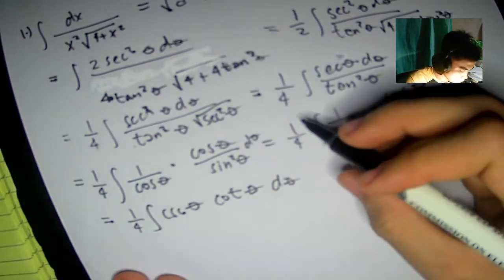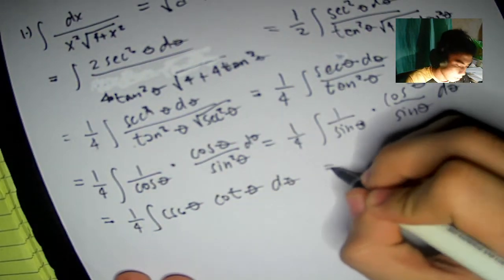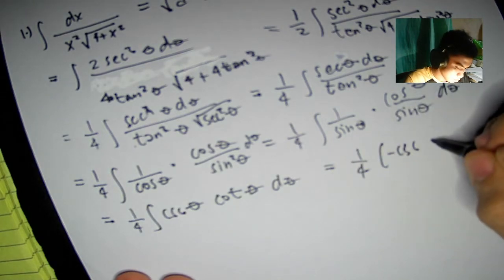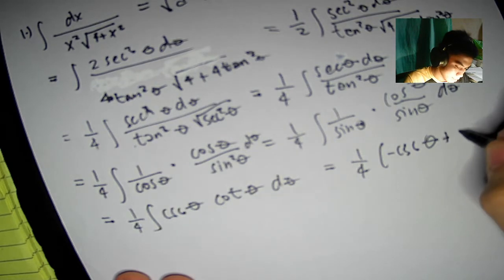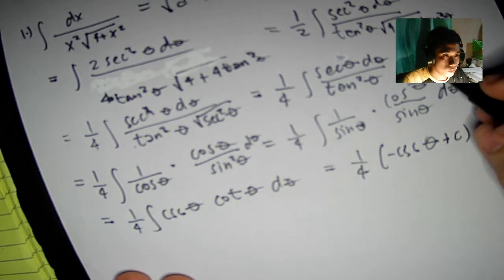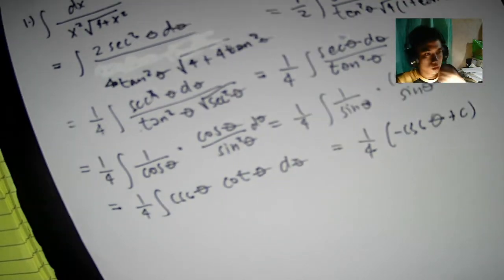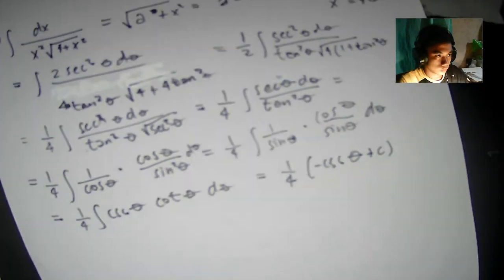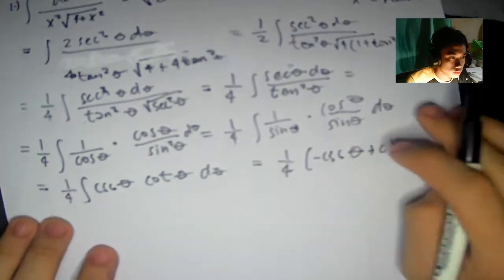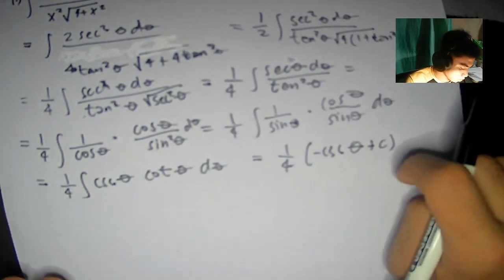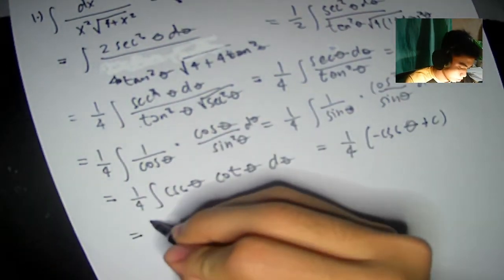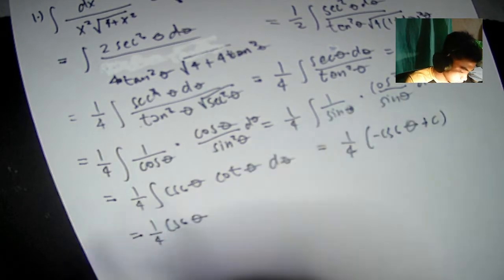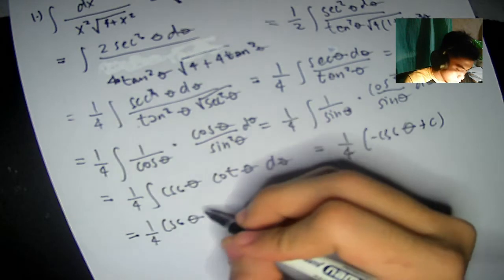What we'll have here is 1/4 negative cosecant theta plus c. So cosecant plus c. Is it right? Yeah, that's right. So we'll have 1/4 cosecant theta plus c.